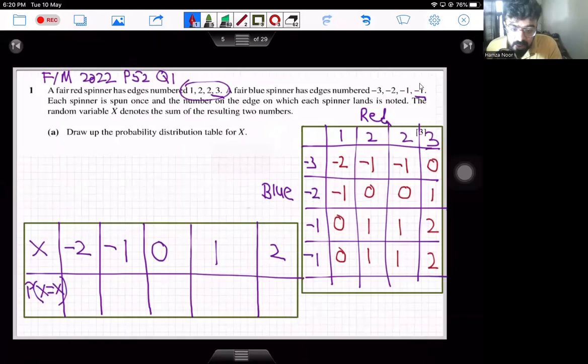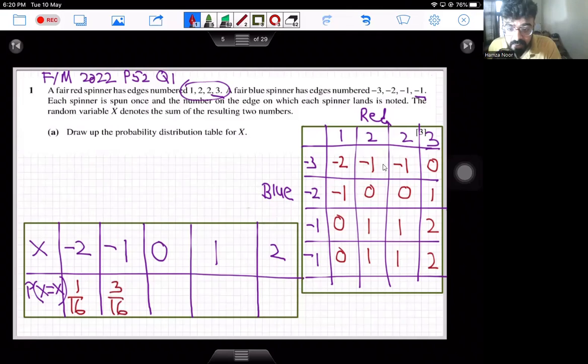So what is the chance that you are getting a score of -2? It's happening only once on this table, so this is 1/16. Then the score of -1 is occurring 3 times, as you can see over here, so this is 3/16.